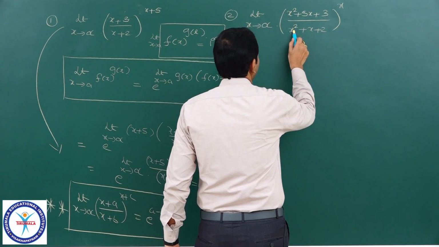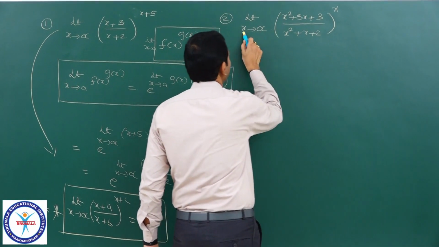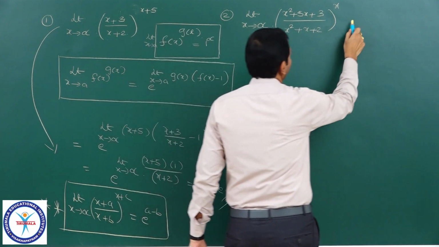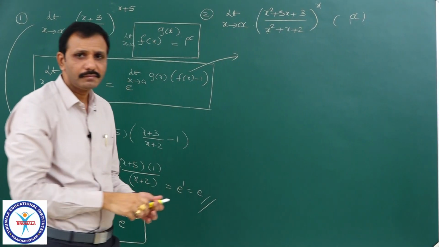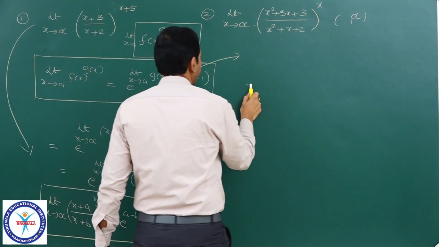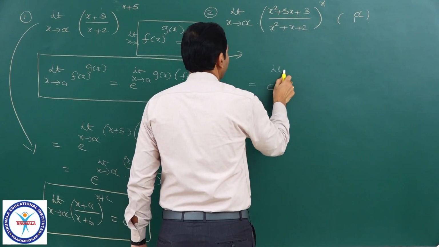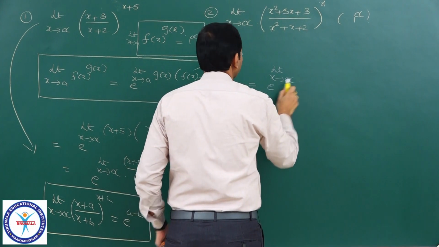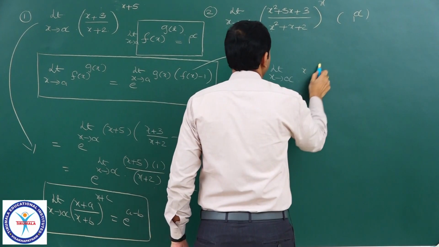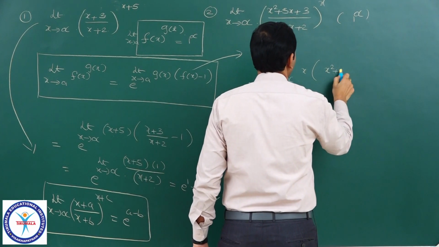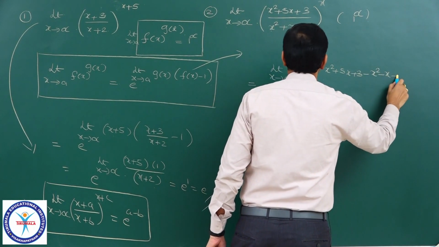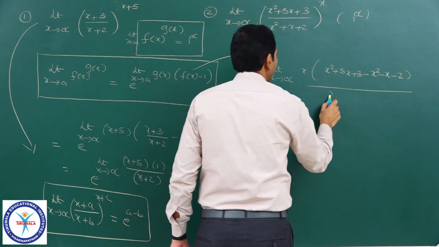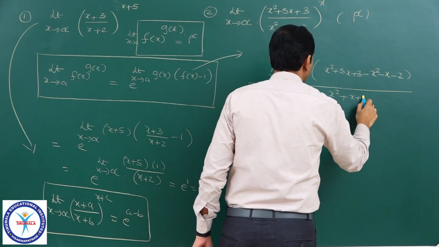numerator degree 2, denominator degree 2, therefore limit of this one as x tends to infinity is 1, clearly of the form 1 power infinity, use this one. It is equal to e power limit x tends to infinity, g of x means x into (x square plus 5x plus 3 minus x square minus x minus 2) by (x square plus x plus 2).